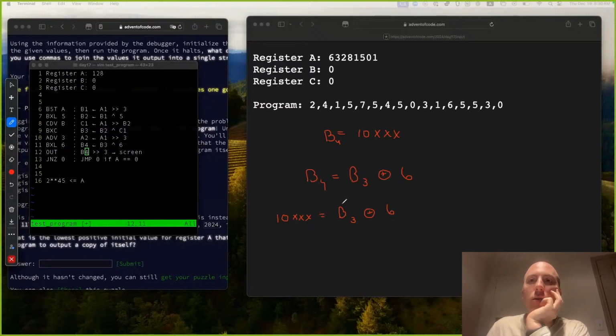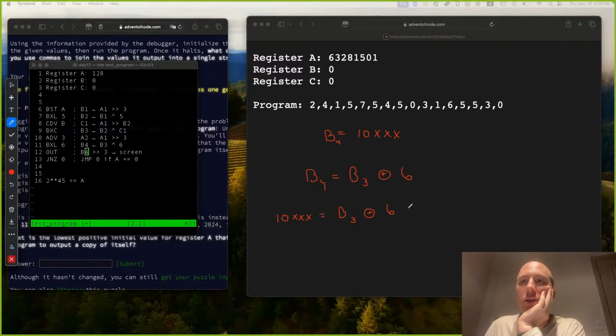And if we could somehow do the inverse XOR of B3 on this side, and then B3 of the inverse XOR over here, then we could cancel these out and, wait, no, we have to solve for B3.